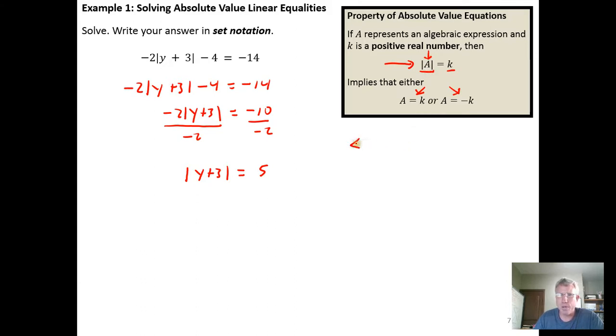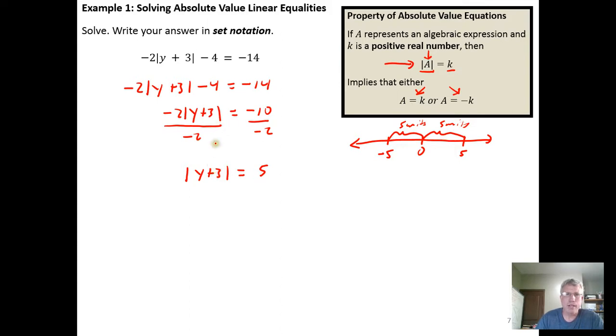And in terms of the real number line, what this is telling us is that there's going to be a solution when y plus 3 is 5 units from 0. So that's going to happen if y plus 3 is equal to 5. Then y plus 3 would be 5 units from 0. But it's also going to be true if y plus 3 is equal to negative 5, because negative 5 is also 5 units from 0.